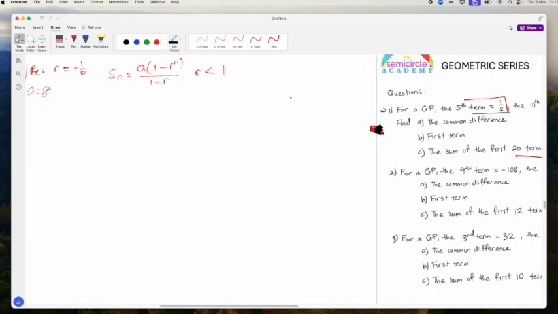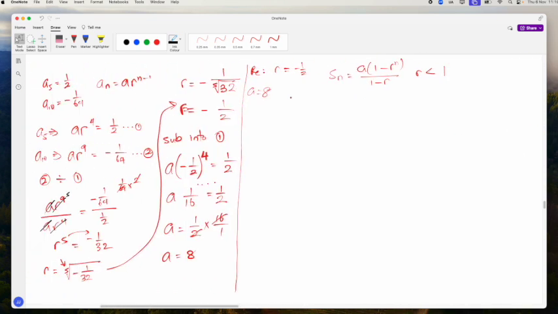So what do I want? The sum of the first 20. So the sum of the first 20, S20, is going to be a, which is 8, into 1 minus r to the power of 20 all over.